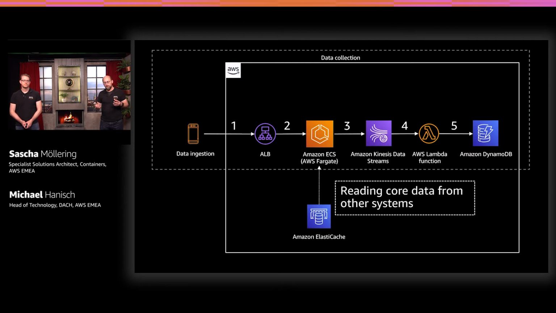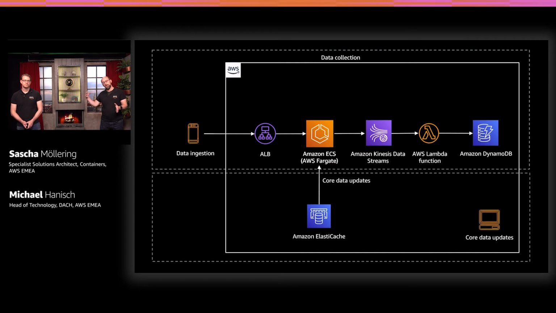Now, of course, our application does not just use the data that comes in from those tracking event requests, but you can also use other data, which we've defined as core data, such as the name of the advertiser, whether there is a running campaign, whether it has been paid for, etc. And we basically put all of this core data into ElastiCache Redis just to really reduce the latency that we have.